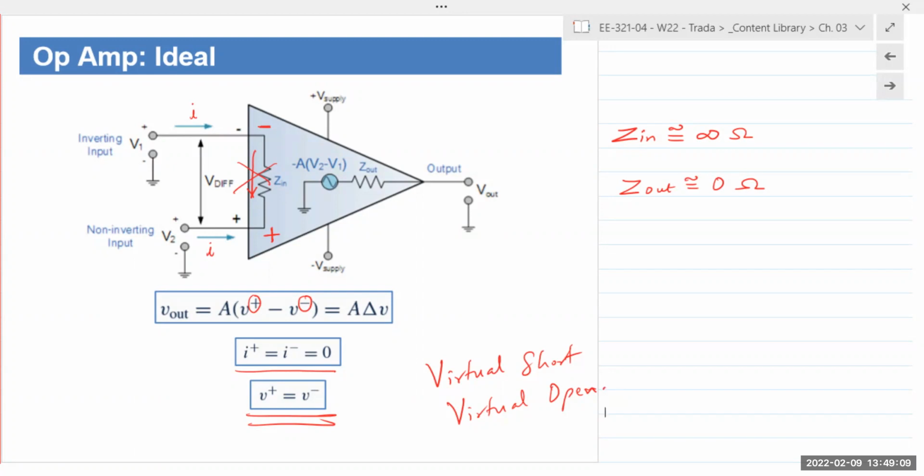Virtual short because we are considering the voltage to be the same, but if the current is not flowing, it's also open, right? Infinite input impedance, so no current is actually going in. The only way a current is equal to 0 is if there's no pathway for the current to flow through. So we can say it's virtually open.